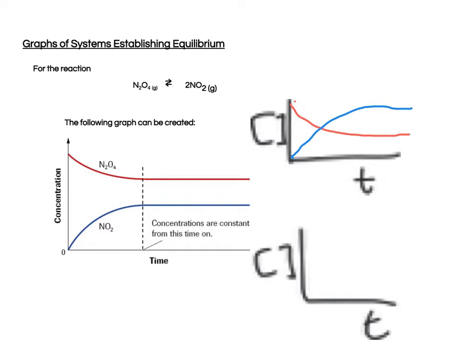Well, hopefully what you envisioned looked something like this, where at some point those reactants and products are going to align themselves and be parallel to each other, so that the amount at equilibrium, the concentrations, if that's how we're measuring amount, will be the same.